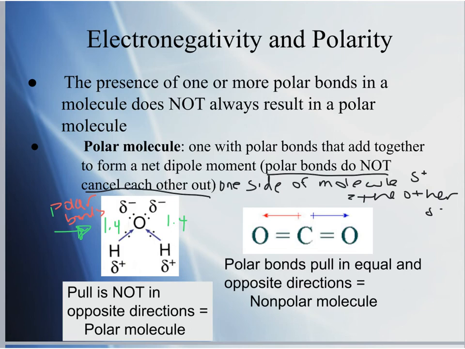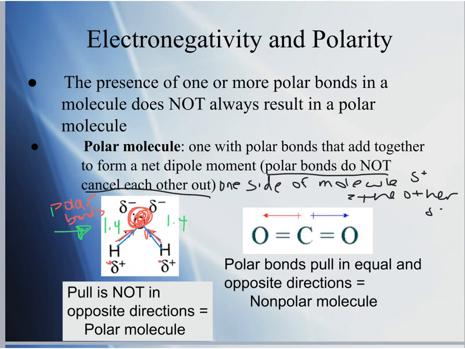So in order to see if this entire molecule is now polar, we have to look at the direction of how these electrons are being pulled. So in the water molecule, the oxygen is hogging the electrons from both of these hydrogens. And because it is a bent shape, basically all of the electrons are spending more time at the top of this bent shape than they do at the bottom.